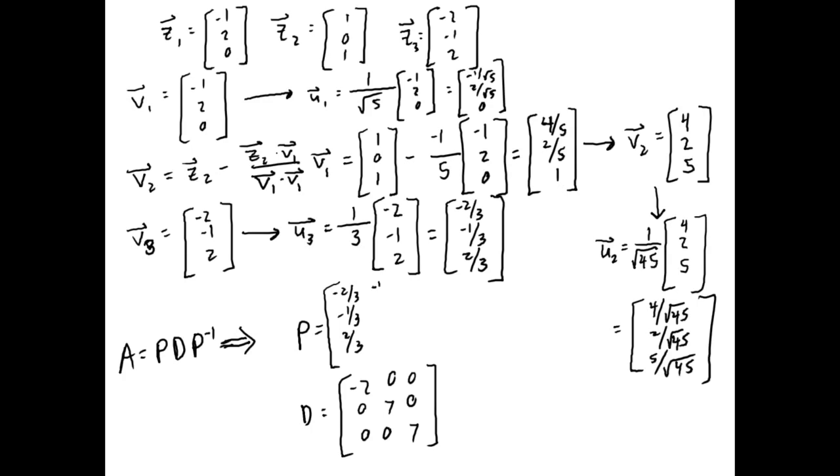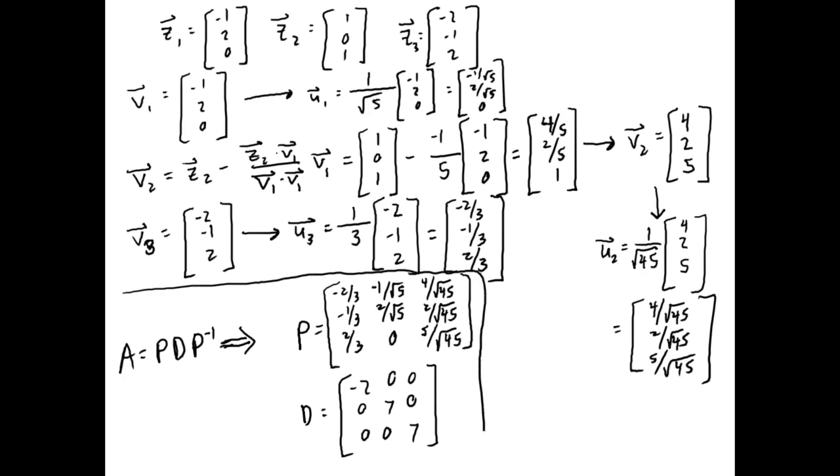So that would be negative 1 over root 5, 2 over root 5, 0, and 4 over root 45, 2 over root 45, and 5 over root 45. Okay, and again, orthogonally diagonalize means find P and find D. The only hitch is P has to be an orthogonal matrix.